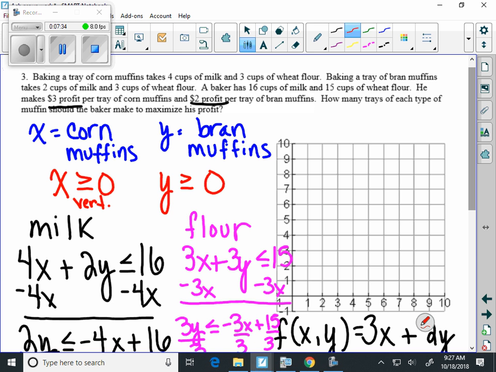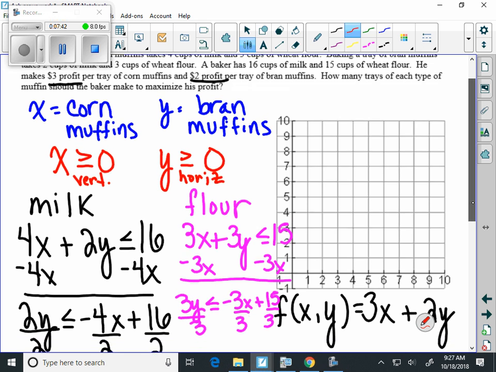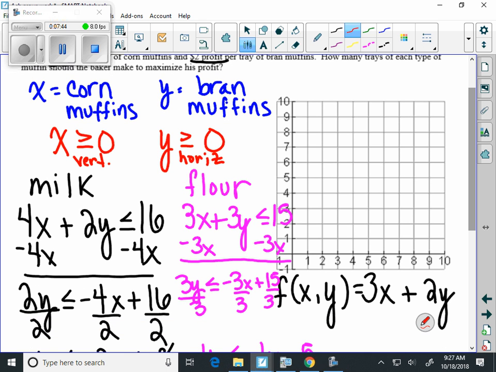Consequently, y is greater than or equal to 0 is going to be a horizontal line. When we graph this, there's our vertical. Here's our horizontal, and I do recommend that you use a ruler, even though I'm a hypocrite and I'm not using a ruler.